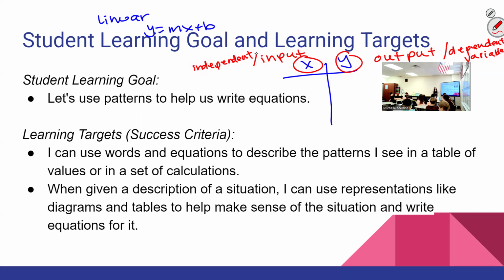But the x's are usually chosen for you. Like if we're evaluating the amount of rainfall each day, then x might be day 1, day 2, day 3, day 4, things that you can't change, what day it is. And then y would be, in that random example I just made, the inches of rainfall or something like that.